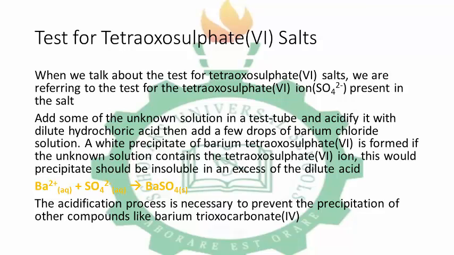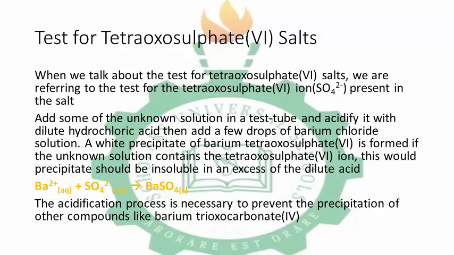You put it in your test tube, then you acidify using HCl. Then you add barium chloride. If a white precipitate is formed, you can suspect that it is a tetraoxosulphate(VI) salt. But for you to confirm, you add the excess acid. When you add the excess acid and the precipitate does not dissolve, you can conclude that the salt is a tetraoxosulphate(VI) salt.